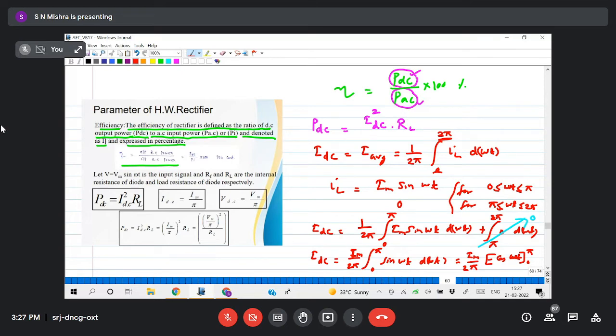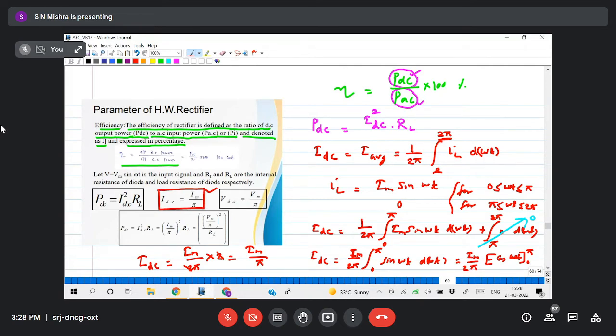So IDC equals Im by 2 pi into 2. The 2s cancel, and finally I get Im by pi. What is written here? IDC or I average equals Im by pi.